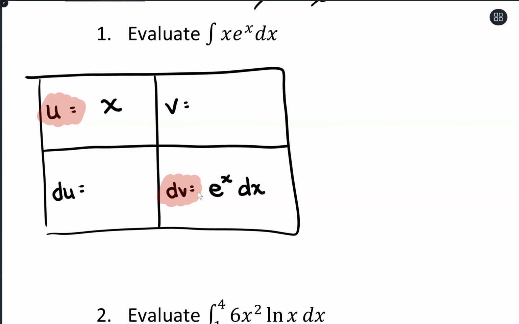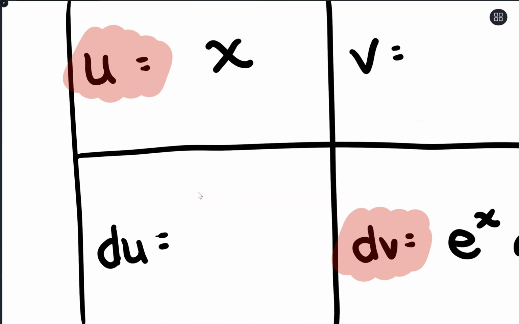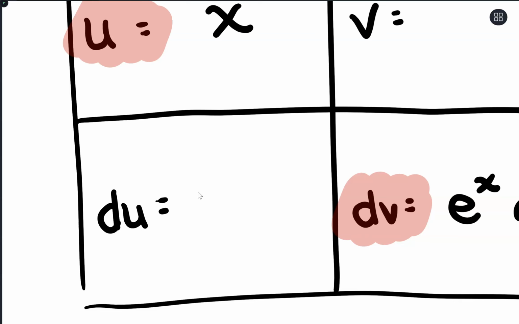Okay, so I have u, I have dv, and now I want to fill in the rest of the table. If I focus on the portion with u, if I have u equal to x, then du is going to be the derivative of x with respect to x. The derivative of x is just 1, and then I'm going to have dx coming through there. So what I did there was take the derivative.